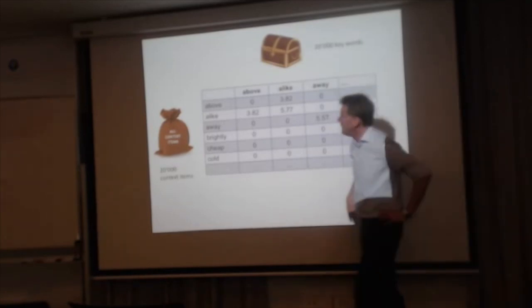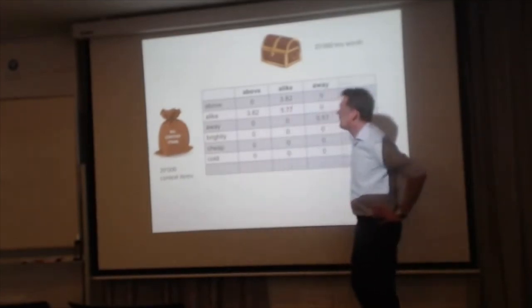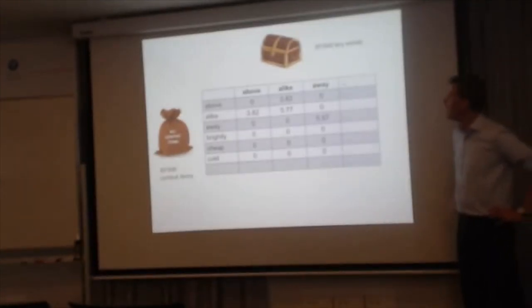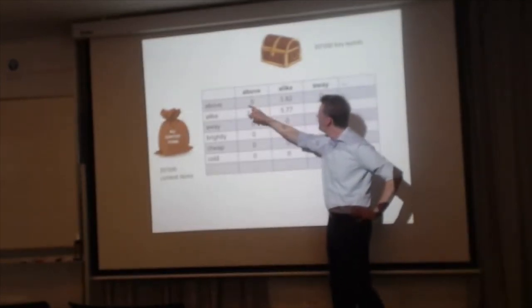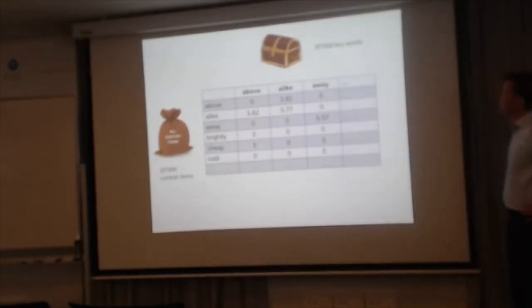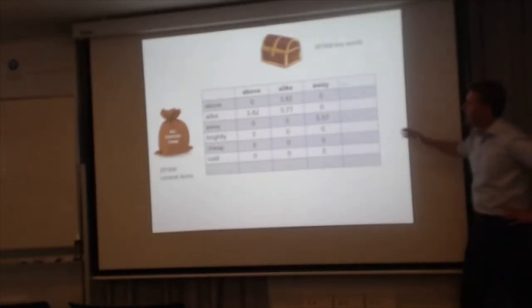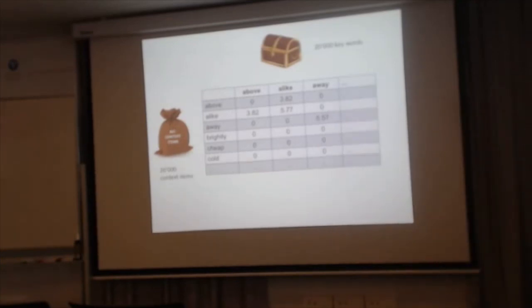And as context items, we took those same 20,000 elements. Yeah? So we have a table that starts with words that begin early in the alphabet, above, alike, and so on and so forth. And we end somewhere 20,000 elements later. And the same holds for the context items that go all the way down. Right. So that's the first thing that we need.